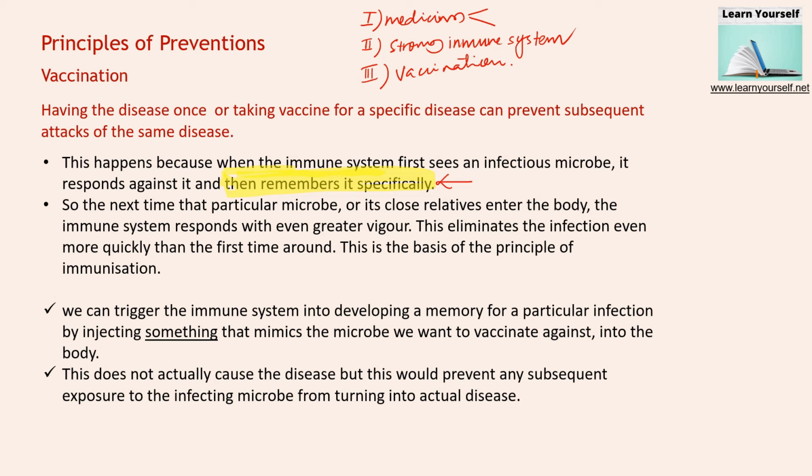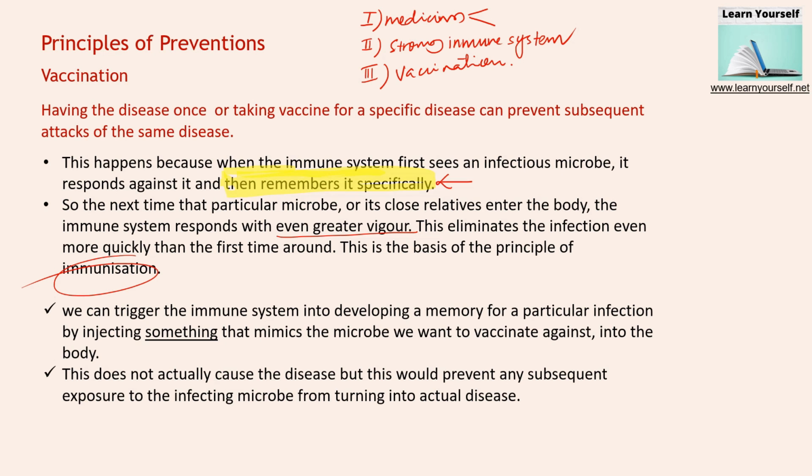The next time that particular microbe or its close relative enters the body, the immune system responds with greater vigor. This eliminates the infection even more quickly than the first time around. This is the basis of the principle of immunization. On this, all vaccines work.